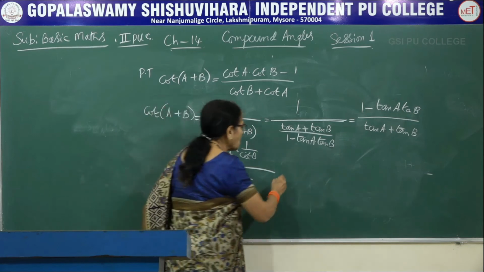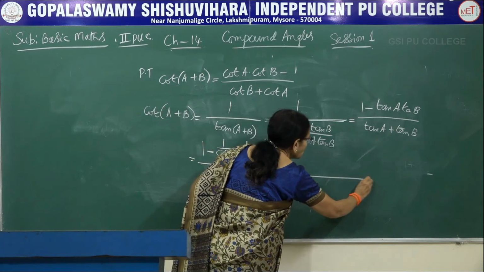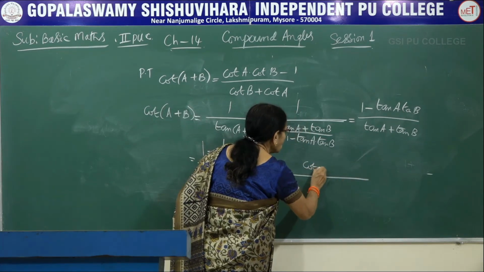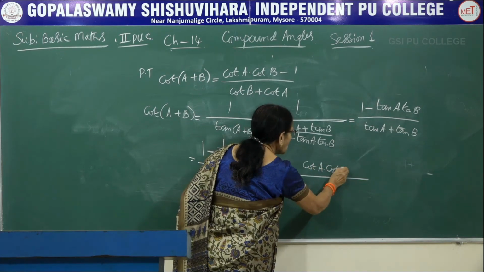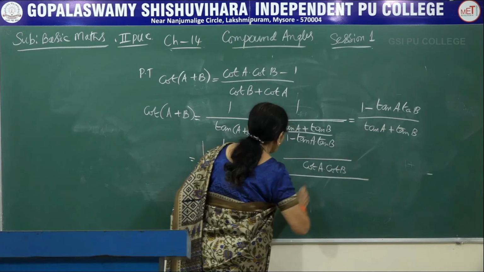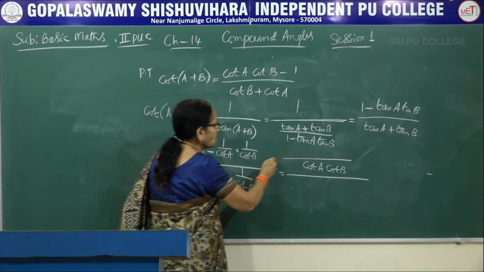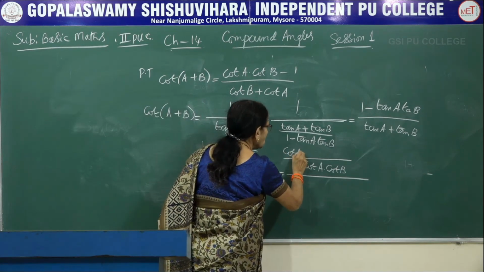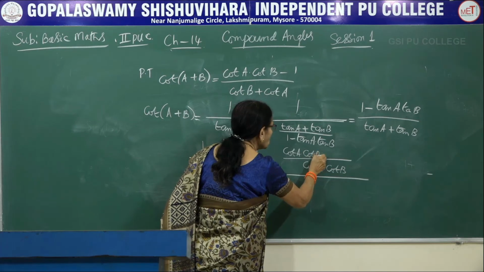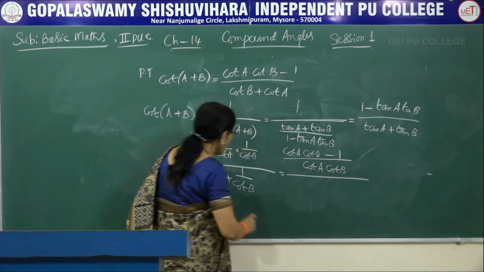For both of them, I have to take the LCM. Now in the numerator, the LCM is cot A into cot B. Now 1 into cot A into cot B, so it is cot A into cot B minus 1.